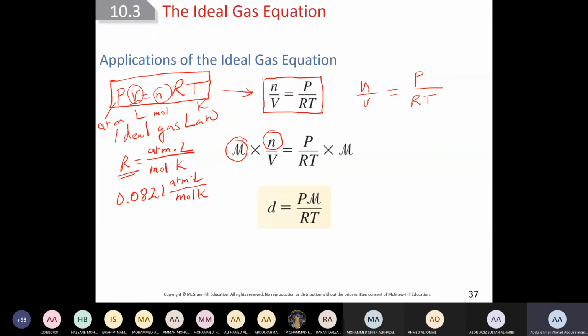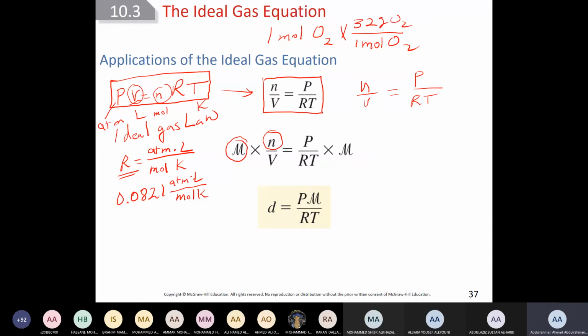When you multiply n by the molar mass, what do you get? If you have 1 mole of oxygen gas, then what's the mass of oxygen gas? 1 mole times the molar mass. It's 1 mole O2, and what should I write at the top? 32. 32 gram O2, right?